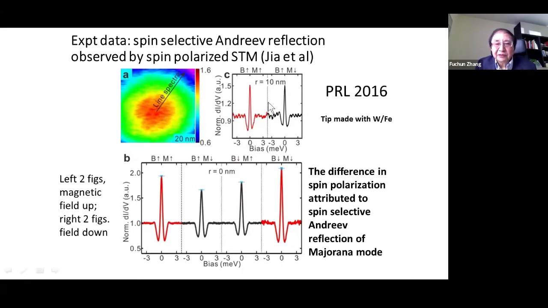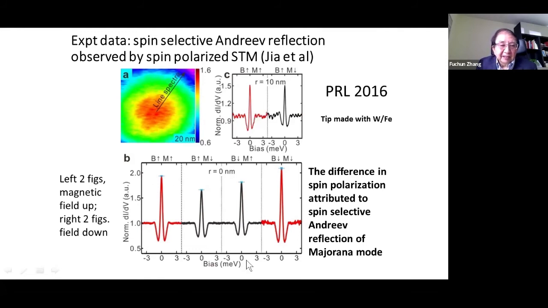Okay, so they found that, I consider fixed magnetic field up. Okay, and the ferromagnetic tip up and ferromagnetic tip down, basically there's no difference. That's STM, okay, experiment, which measures dI/dV, okay.